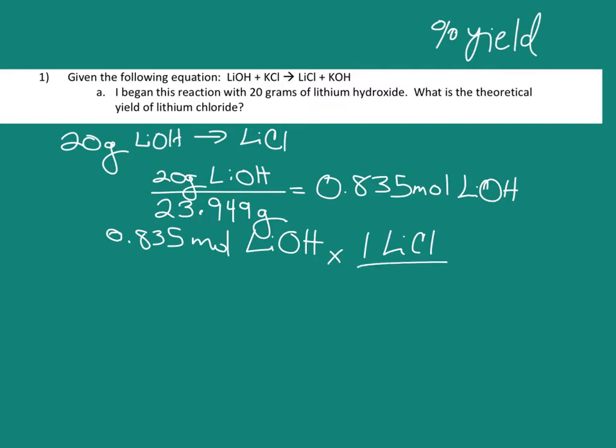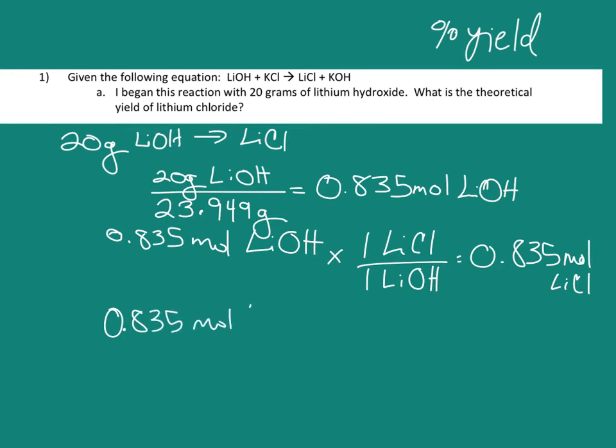So now we're going to figure out how many moles of lithium chloride we could produce. It's just a 1-to-1 ratio because the coefficients are just 1-to-1. So it's the same number of moles of lithium chloride, but is it the same number of grams? No, it is not.